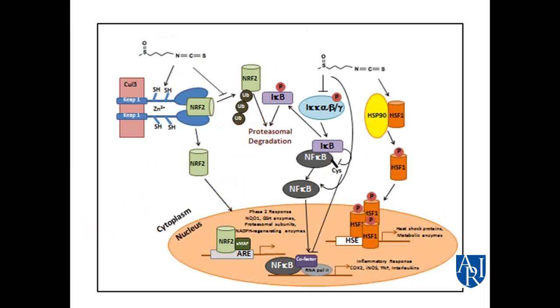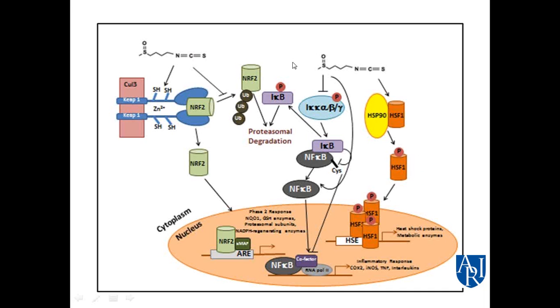And by this, I mean there are 3 pathways here, here, and here through which sulforaphane can act. One is by stimulating heat shock proteins, an important defense mechanism in all cells. And heat shock proteins are also stimulated during fever.